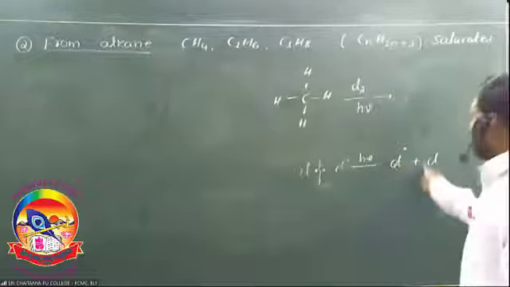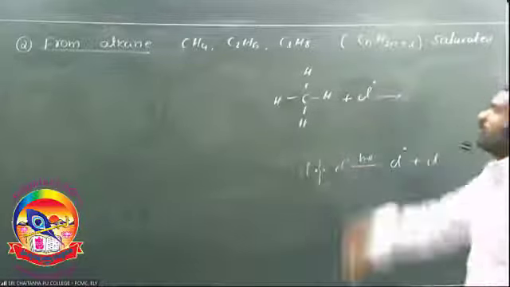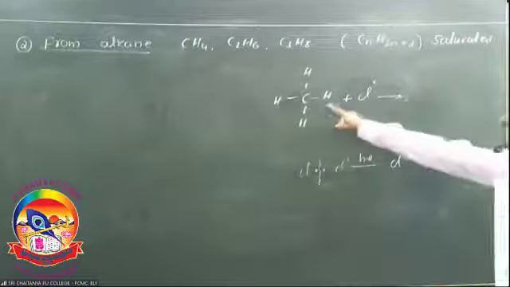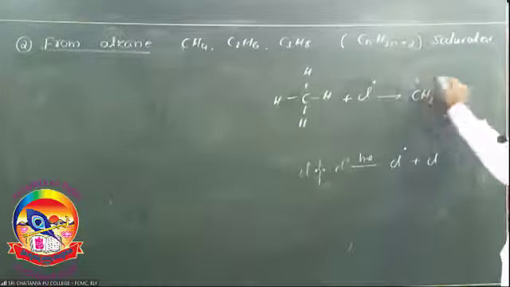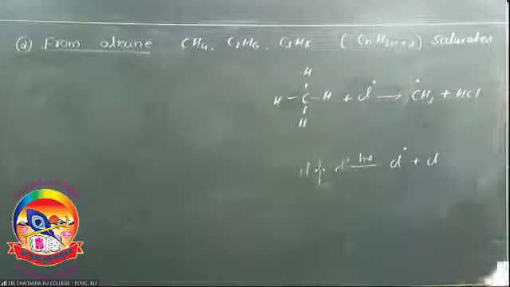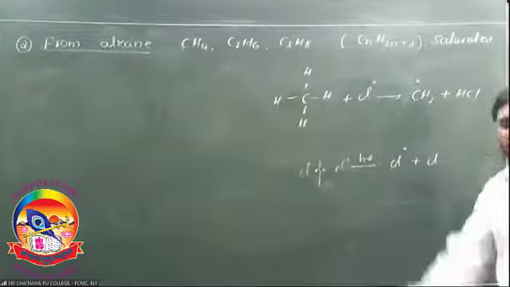This free radical reacts with methane to form HCl and another free radical, the methyl free radical.